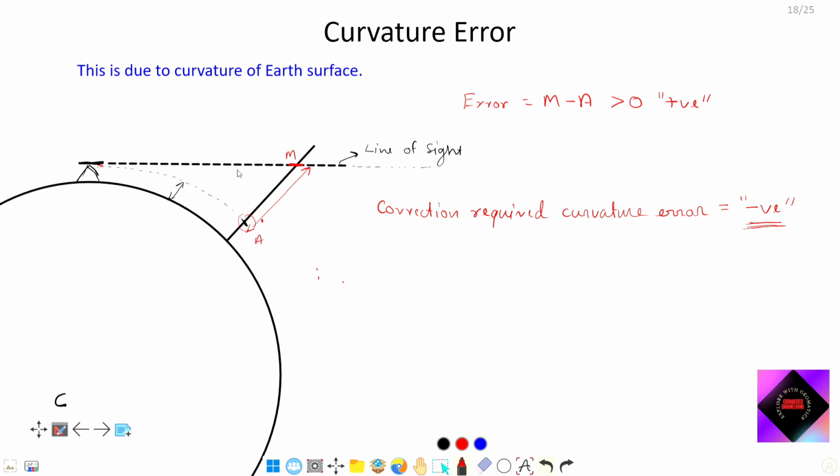We establish a horizontal line of sight, and due to that a curvature error comes up. Curvature error is positive, since we required the correction for the curvature to be negative. Now we will calculate the value of curvature error.